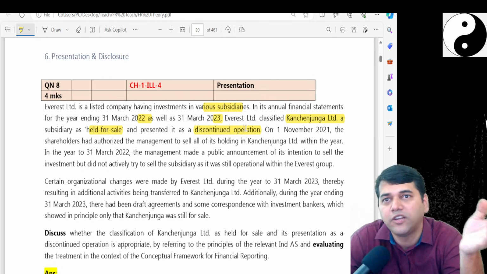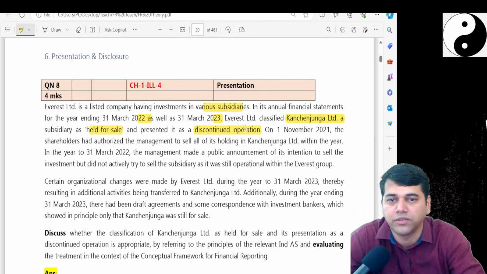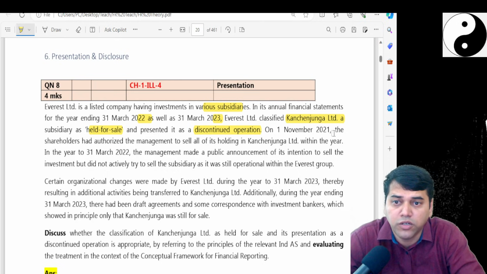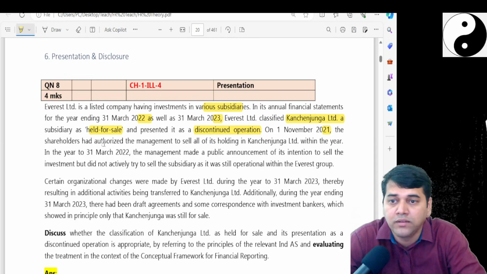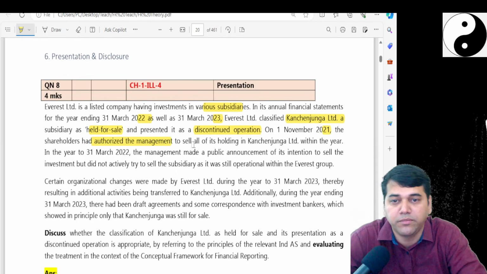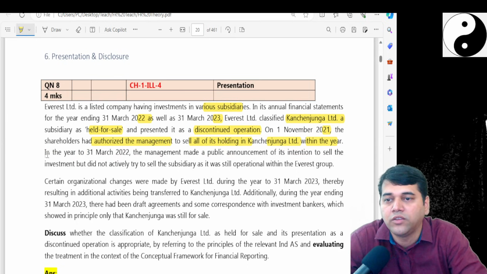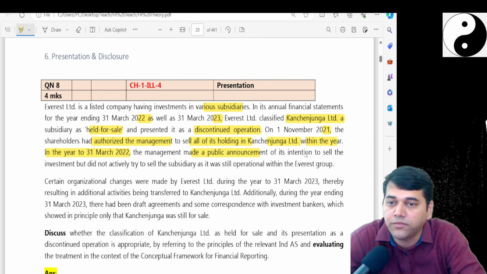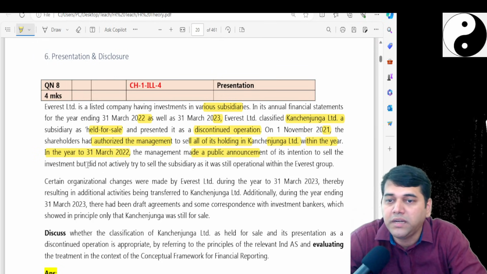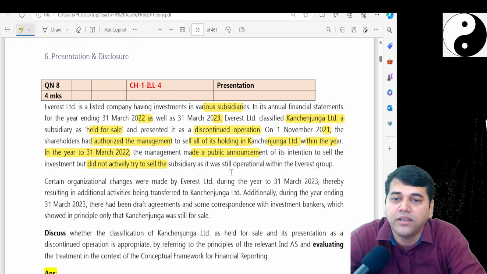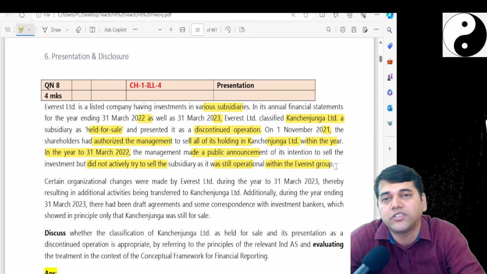Yes, a subsidiary held for sale is a discontinued operation. Now on 1st November 2021, the shareholders authorized management to sell the holding of Kanchenjunga within a year. So in the year ended 31st March 2022, management made a public announcement of its intention to sell, but did not actively try to sell the subsidiary as it was still operational within the Everest group.